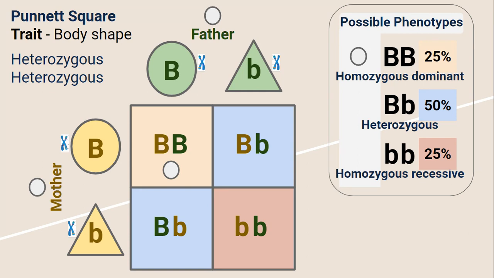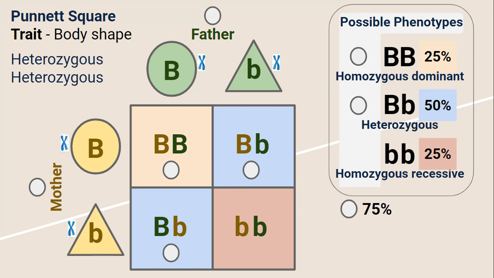The heterozygous, although it has a recessive allele, that is masked by the dominant trait, so it will also show a round body. That means that there's a 75% chance, if you add up the 25% chance for homozygous and the 50% chance for heterozygous, that that baby will have a round body.